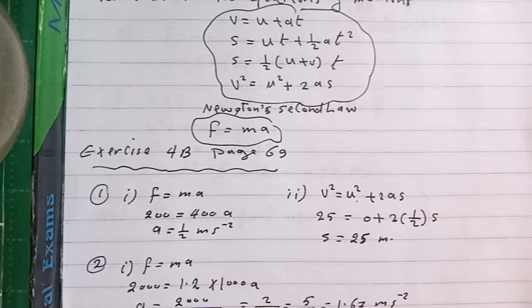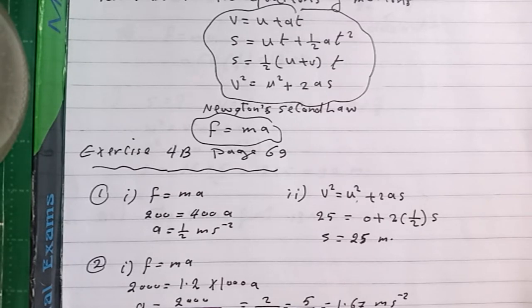The car is initially at rest, meaning U, the initial velocity, equals 0, and the man maintains his force until the car reaches a speed of 5, meaning V, the final velocity, is 5 meters per second. Ignoring any resistance force, find the acceleration of the car.